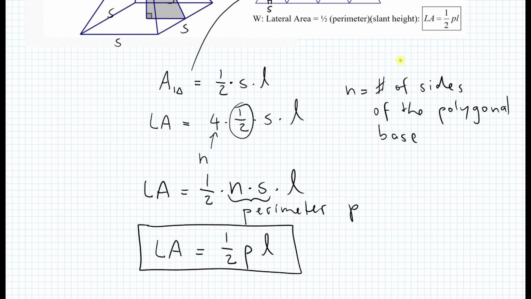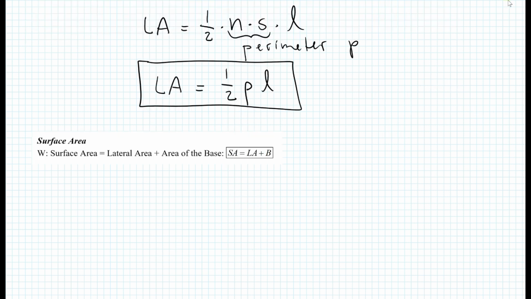Okay, what about the surface area? The surface area is equal to the lateral area plus the area of the base. So it's just simply that formula. And we also know that the area of the base, since it's a polygon, we learned that already, is equal to 1/2 times the apothem times the perimeter.